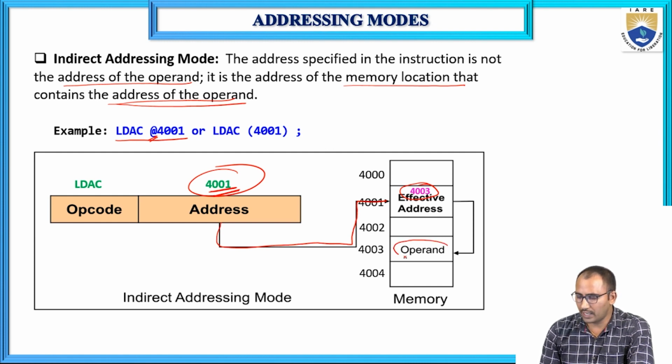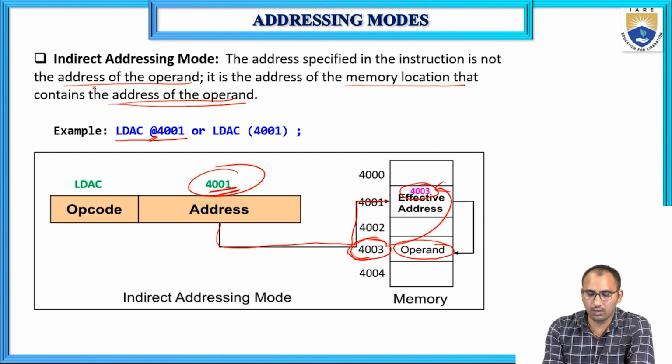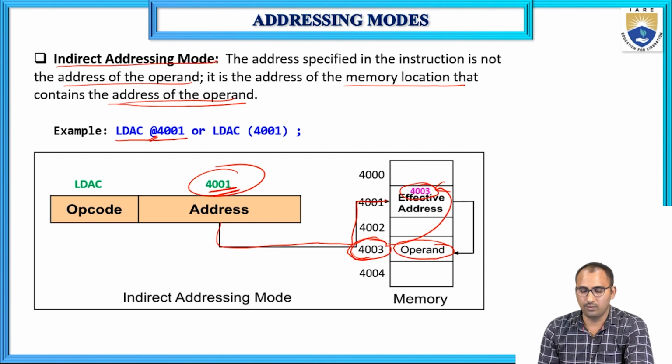The actual operand is stored at 4003. That address is given in an indirect way. That's why it is called indirect addressing mode.